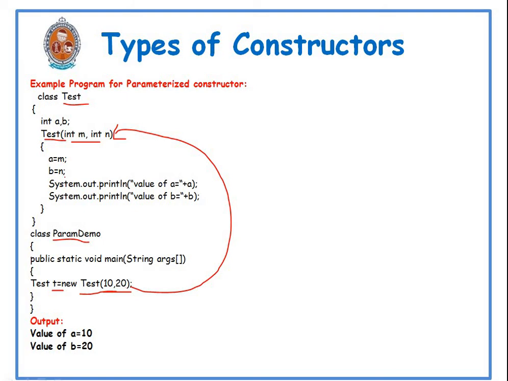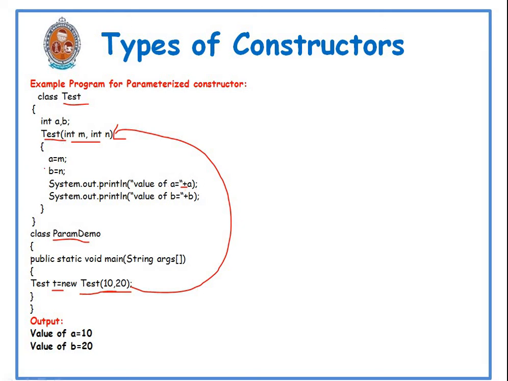Both are then assigned into a and b respectively, so a takes the value 10 and b takes the value 20. After that, both a and b values are printed by using the output statement System.out.println. Here we used the character plus, which is used to concatenate both the string and the value.